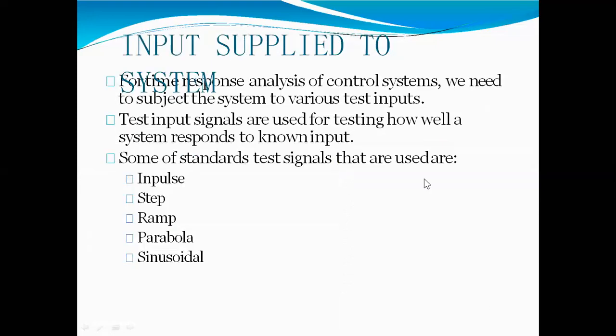Okay, then what input should be applied to the system? For time response analysis of the control system, we need to apply various test inputs to the system, in the sense that you have seen in signals and systems, where you go for analysis of the signals, right?